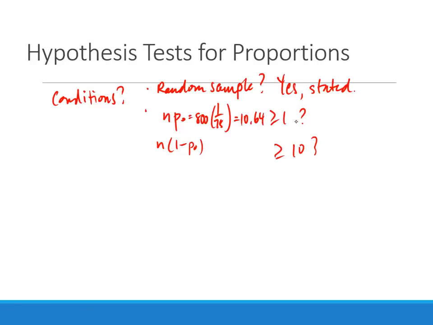It's pretty close to 10, but it is indeed bigger than 10, so we're good to go there. And n times 1 minus p0, 800 times 74 over 75, we're well in the clear here, 789.36. So our sample is indeed large enough. We're not going to have any problems when we do this calculation.